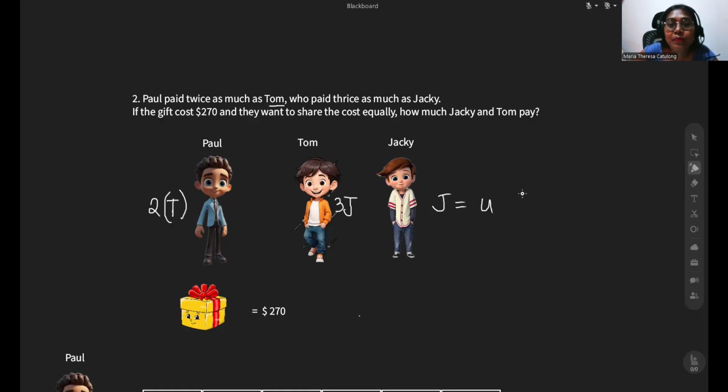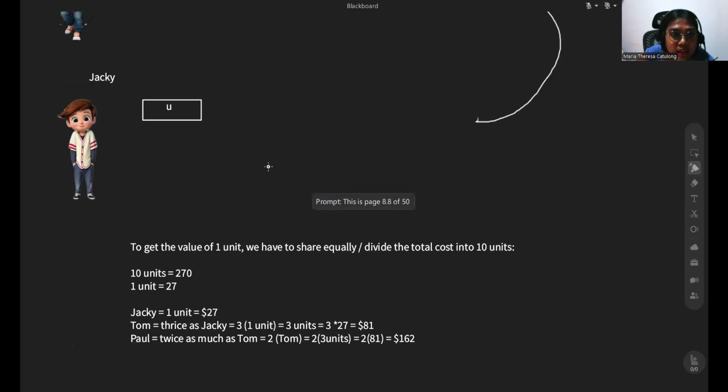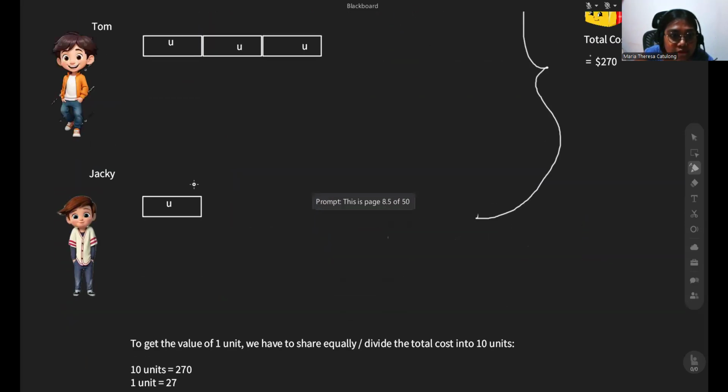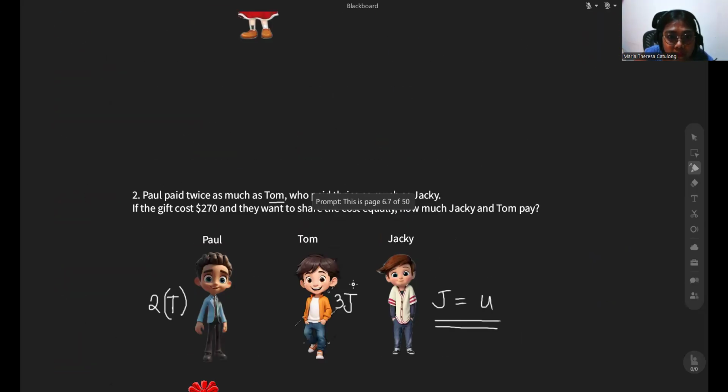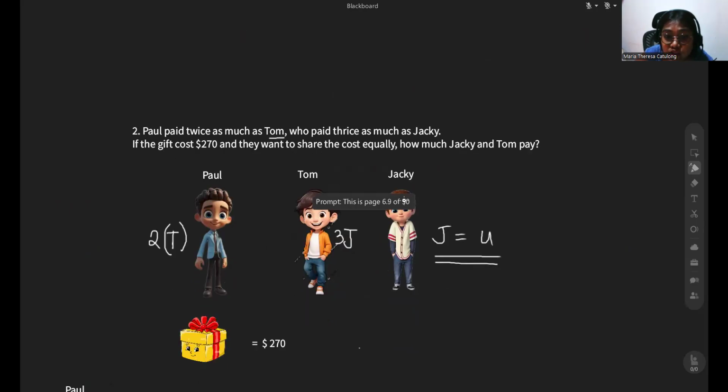Now, how do we solve it? We don't know, so let's draw a bar model to solve the problem. Again, we will introduce Jackie as the 1 unit, so we will draw 1 bar for Jackie at first. Remember that Tom paid thrice as much as Jackie.